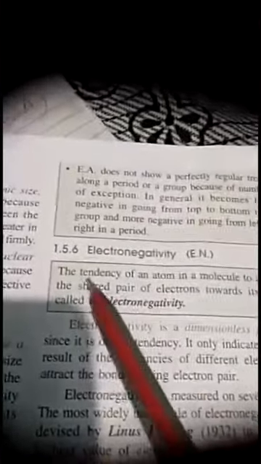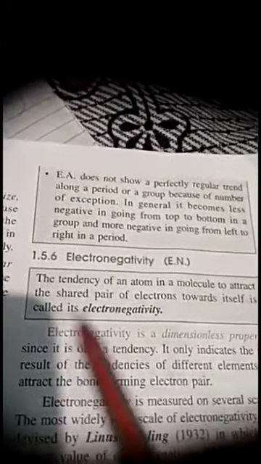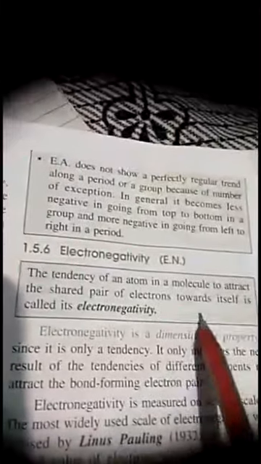Now the question arises, what is electronegativity? Electronegativity is the tendency of an atom in a molecule to attract the shared pair of electrons toward itself.